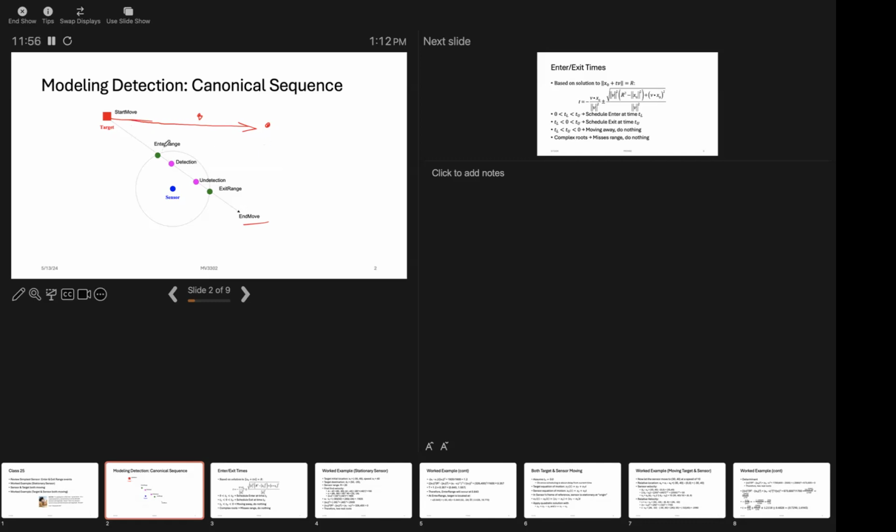And the two things are: as long as you're outside the possibility of the sensor detecting you, then really the only interesting event would be when, if ever, you enter the range, that is, go into a state where you could potentially be detected.